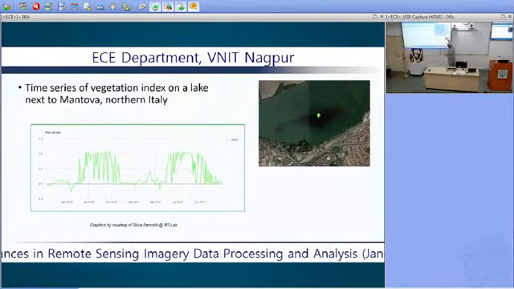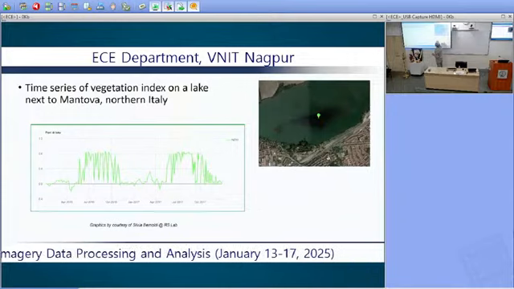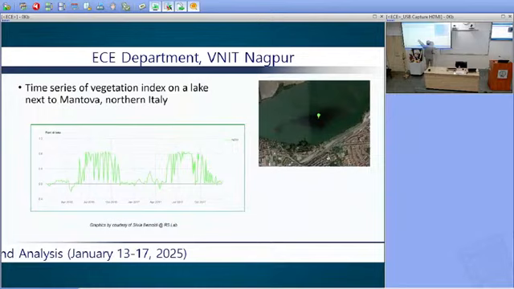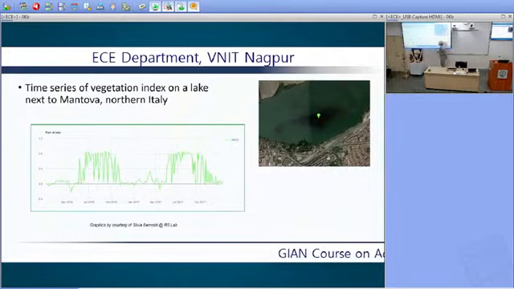This is a lake next to a city in northern Italy, not very far from us. You see the same seasonal variation: winter, summer, winter, summer, winter, except you're looking at a water body.